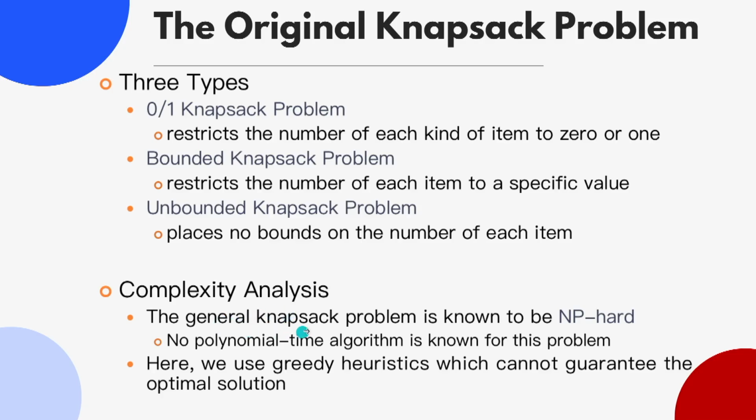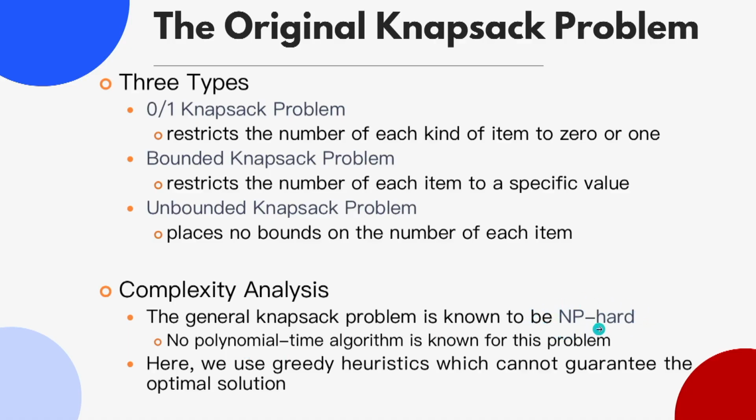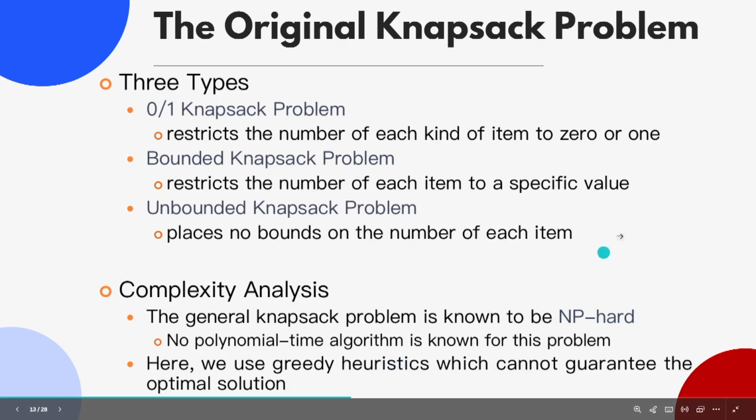When you look at the complexity, the general knapsack problem is said to be NP hard, which means this class of problems cannot be solved within polynomial time, or in other words there is no known algorithm to solve them within polynomial time. For this class of problems we generally provide approximate solutions, and for providing those we could use greedy heuristics. Here is an example for the 0-1 knapsack problem.